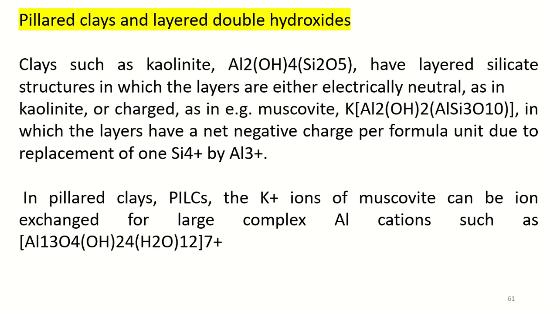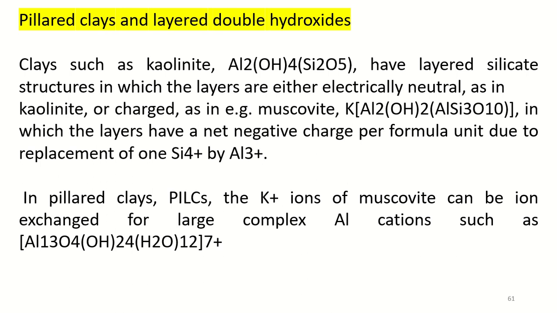In pillared clays, the potassium ions of muscovite can be ion exchanged for large complex aluminium cations such as [Al13O4(OH)24(H2O)12]7+, and because of their size have the effect of pushing apart the silicate sheets.